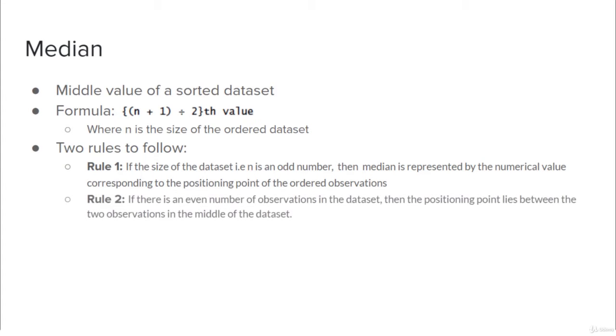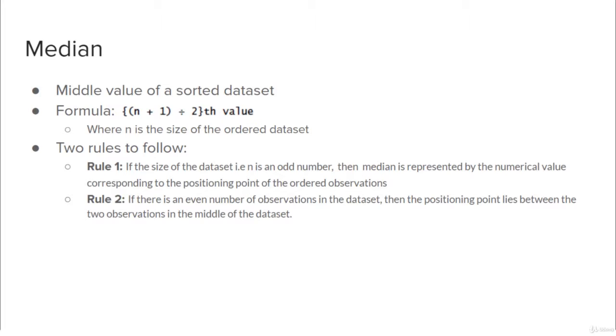The second rule is that whenever n is an even number, the position the formula gives lies between the two observations in the middle of the dataset. This might not be clear at the moment, but we're going to go through an example to give you a better sense.